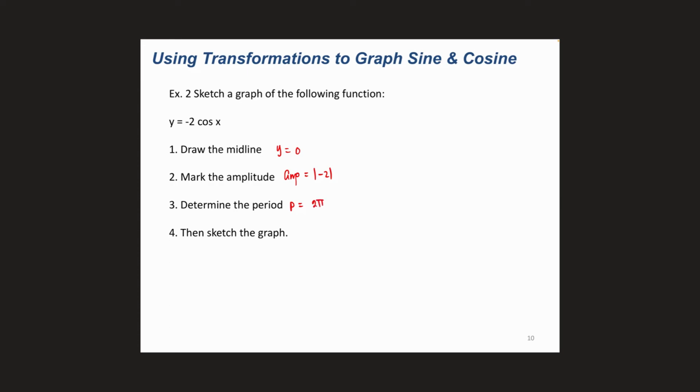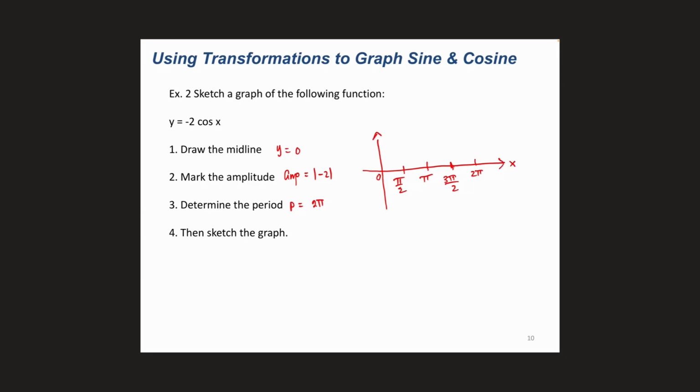So let me go ahead and sketch the graph right here. And I know that it's going to be 0. And I know it's going to be 2 pi. I know I have pi here, and I'm going to have pi over 2 and 3 pi over 2.